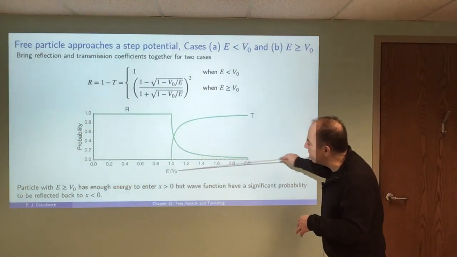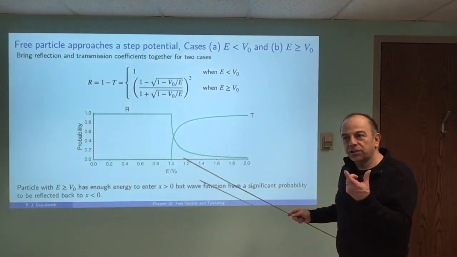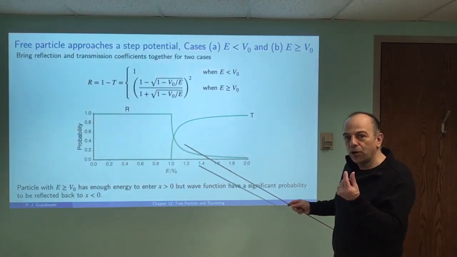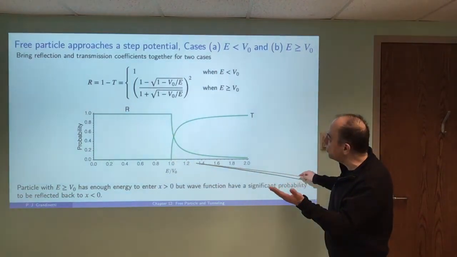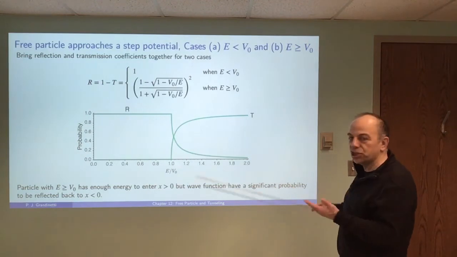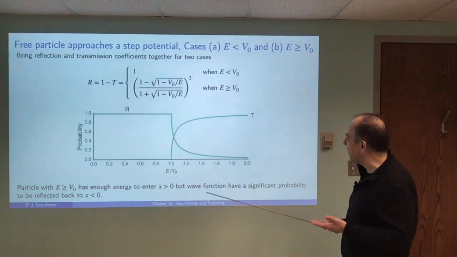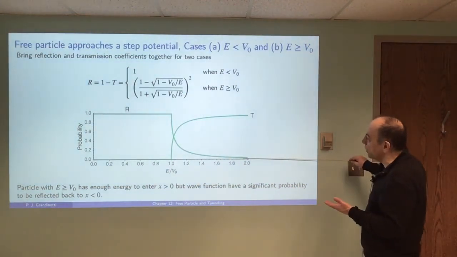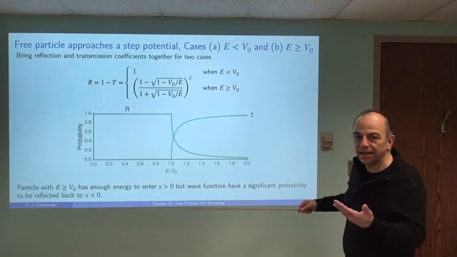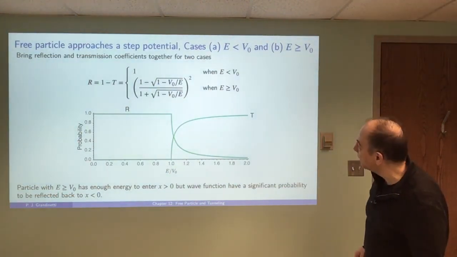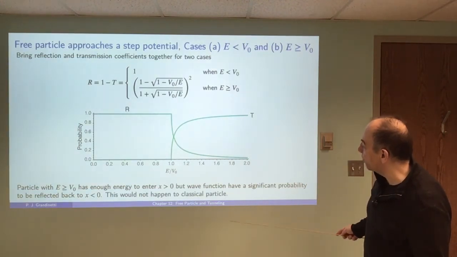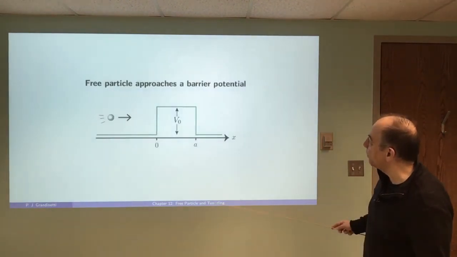But in this region, where your total energy is just approaching that potential barrier and just slightly exceeds it, you can see the transition is not sharp like you would expect for a classical particle, but approaches what you get for a classical particle as the energy gets larger and larger compared to that barrier energy. All right, so that's it for this section.